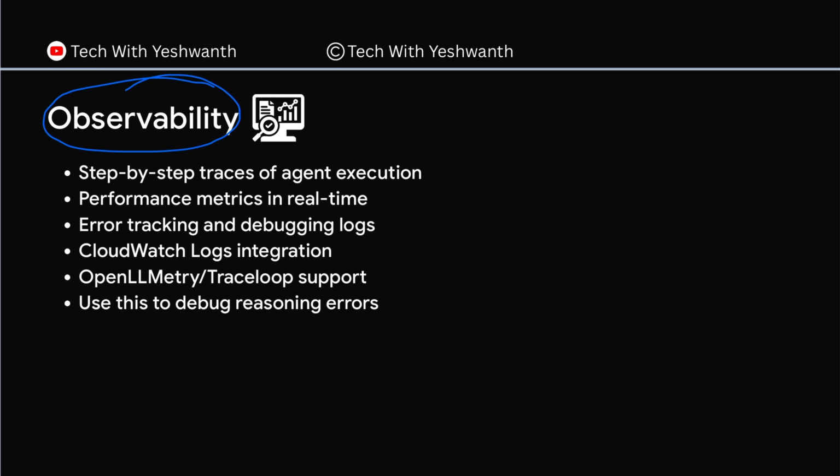We will see this in action when we go ahead and deploy this in production. You get performance metrics in real time along with deep error tracking and debugging logs. It also comes with direct CloudWatch logs integration and built-in support for OpenLLMetry and Traceloop. Ultimately, you will use all of this to quickly debug any tricky reasoning errors and keep your agents running smoothly.